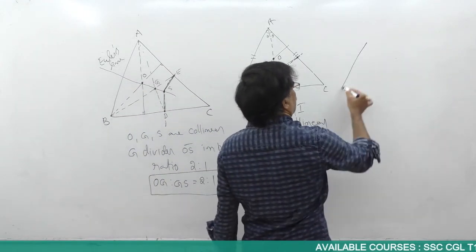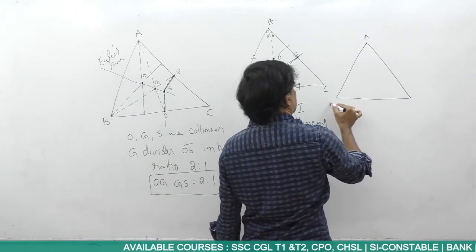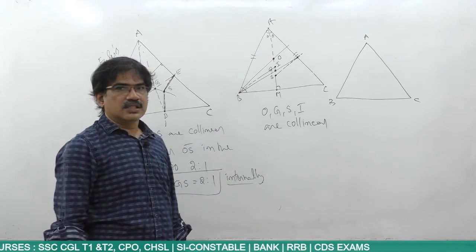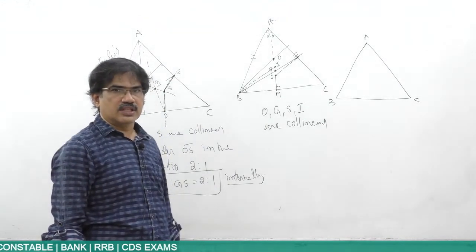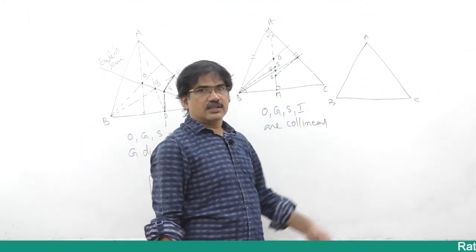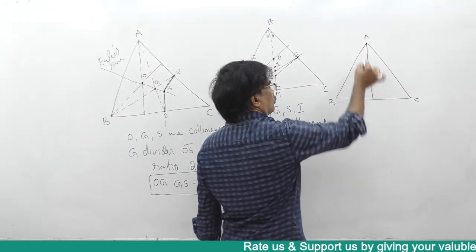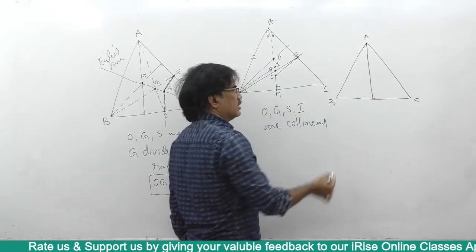If this is an equilateral triangle, if all sides are equal, all medians and all altitudes, every line coincides. If this is a median, the same is the altitude, the same is the perpendicular bisector, the same is the angular bisector.